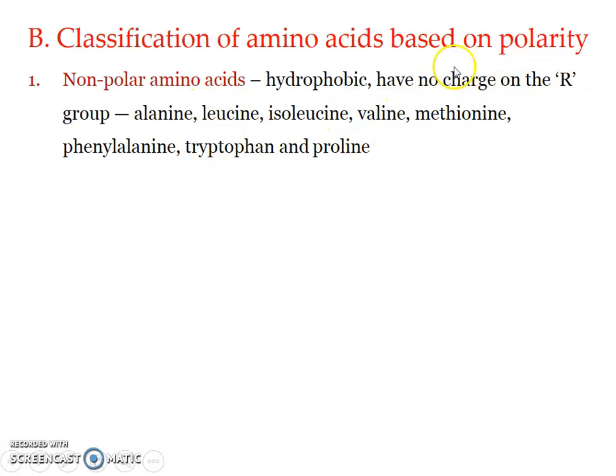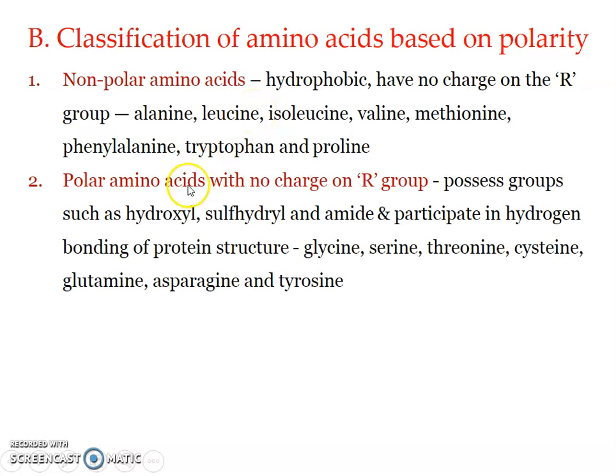How does the R group attain charge? Either it should have an amino group or it should have a carboxyl group. If the R group doesn't have any additional amino or carboxyl group, obviously it is non-polar and grouped under the non-polar group. The second is polar amino acids with no charge on the R group. Polar in the sense it is hydrophilic.